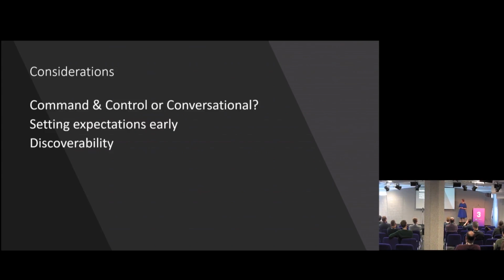Discoverability is another really important thing. How does the user know that they can talk to your app, or how do they know what they can say, for instance? So I've been a long-time Windows Phone user. I only stopped using it because you can't get them anymore and it broke.